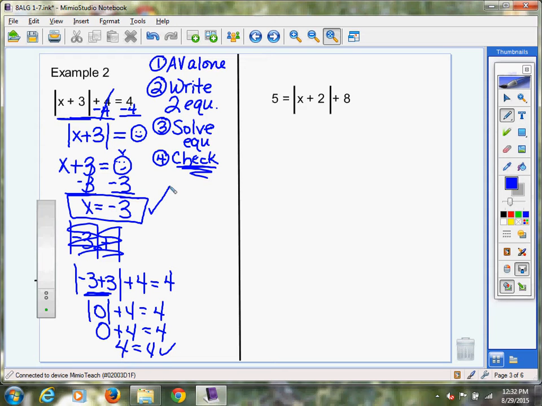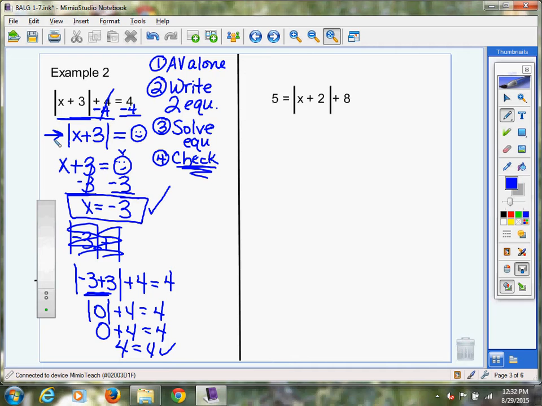So remember, in example 1, all those absolute values, when we finally got the absolute value alone, those absolute values were set equal to a positive number. You were then looking for two answers. But when the absolute value is set equal to 0, like we ended up here, there's no such thing as positive and negative 0. 0 is the one number that doesn't have two signs to it possibly.